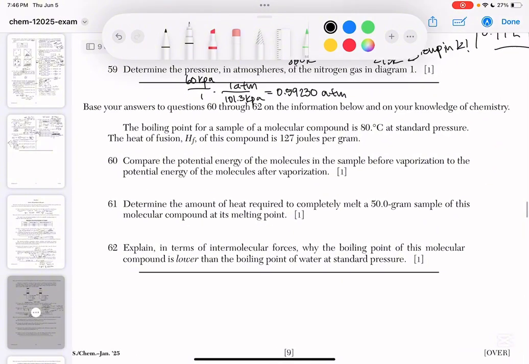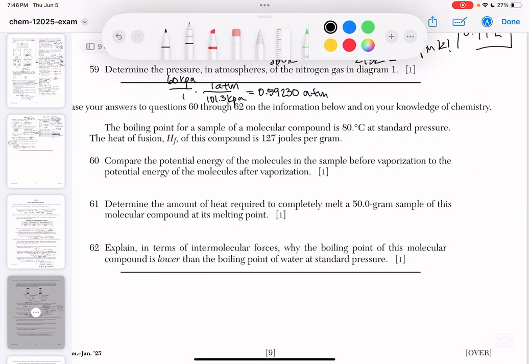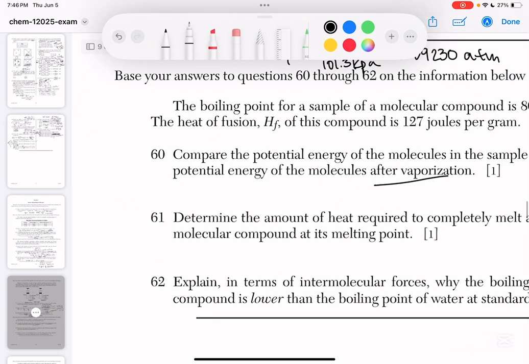Compare the potential energy of molecules in the sample before vaporization and after vaporization. So, vaporization is when liquid turns into gas, right? Because it's vapor. Just think about water vapor. It's liquid going to gas.